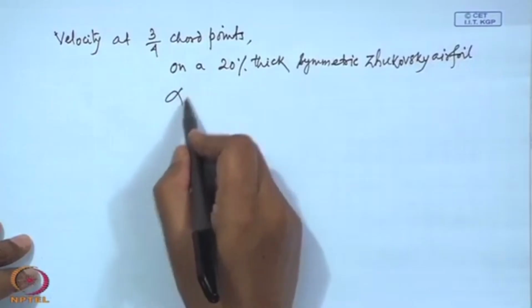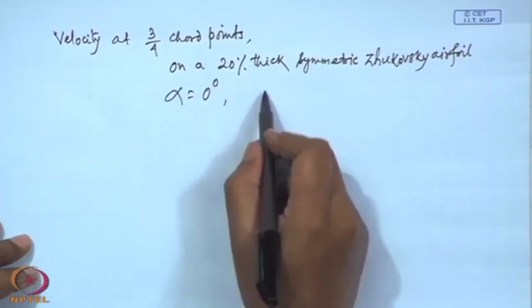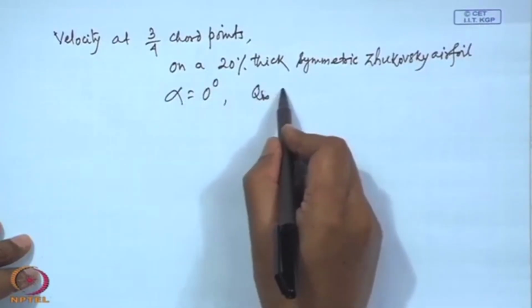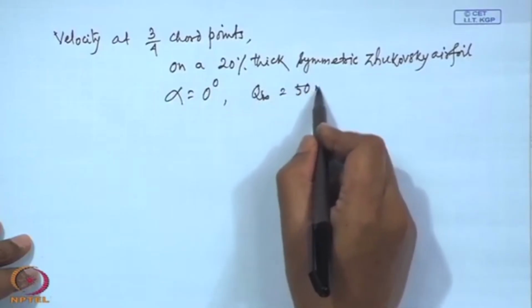Also given alpha equal to 0 degree and the free stream is 50 meter per second.